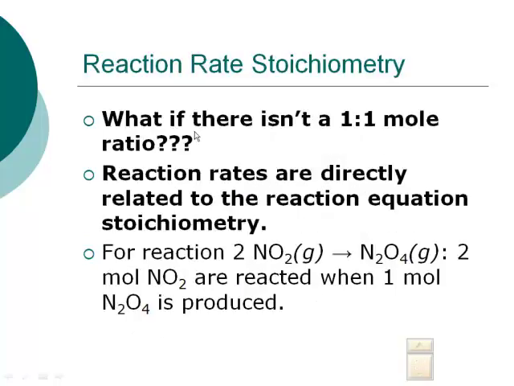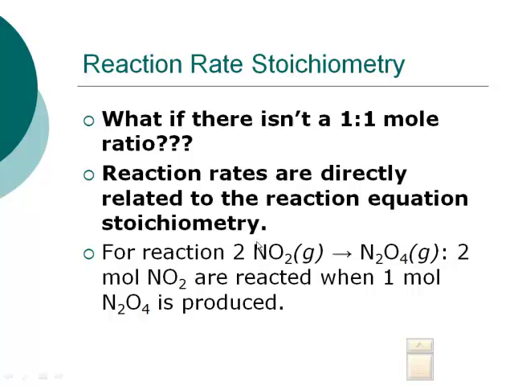All right, finally it says, what if there isn't a 1-to-1 mole ratio? Because remember, I told you that concentration definitely has something to do with the rate of a reaction. Well, for the rate of a reaction, you need to realize that sometimes you have reactants going away twice as fast as you make a product. Check out this example. This is that one that I was talking about, the nitrogen dioxide.